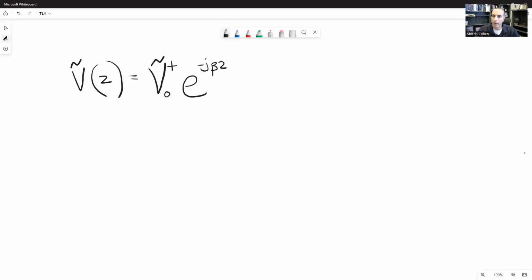Because e to the minus j beta Z simply means rotate the phasor. This rotates the phasor by an angle of beta Z. It does not change the amplitude, so amplitude does not change.